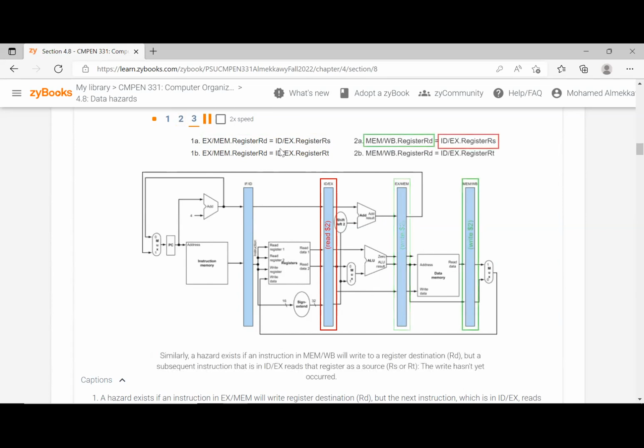Also, I need to check between this one and that one. If the RD here is equal to the RS or RT here, then again, I need to forward, but in this case, I will forward directly from the memory instead.